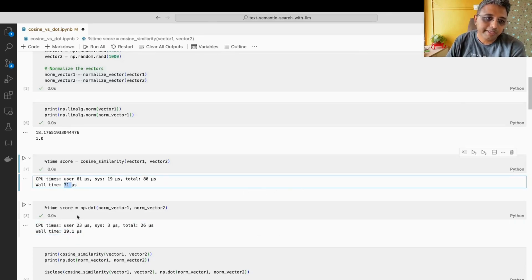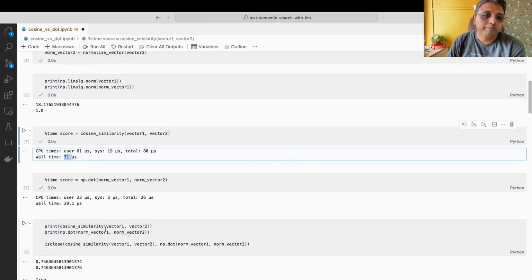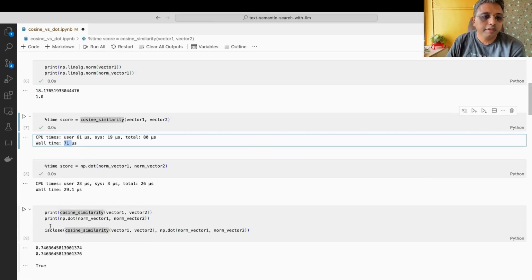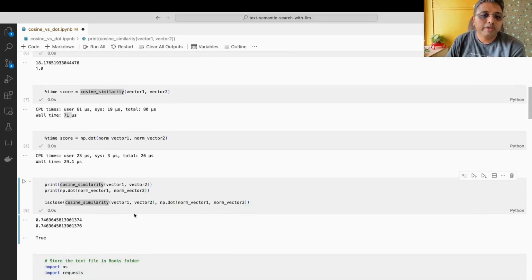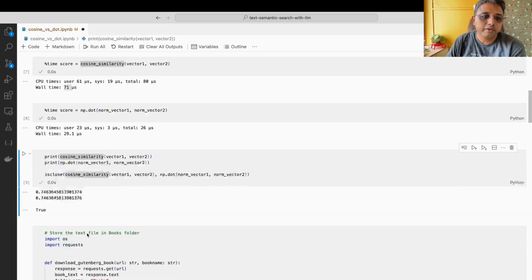There is more than a 50% difference in calculation time between them. And you can see that the same values are there in both, even at the later precision levels. That is what it is trying to show.